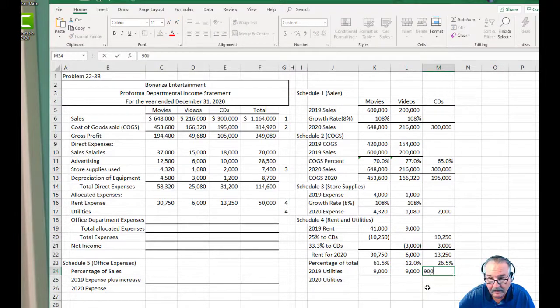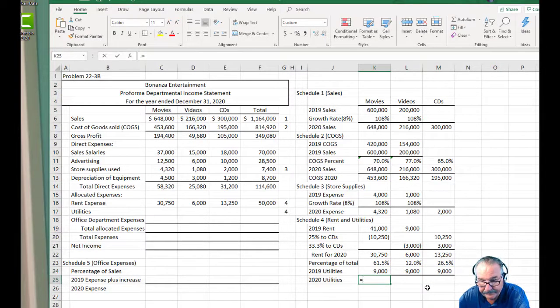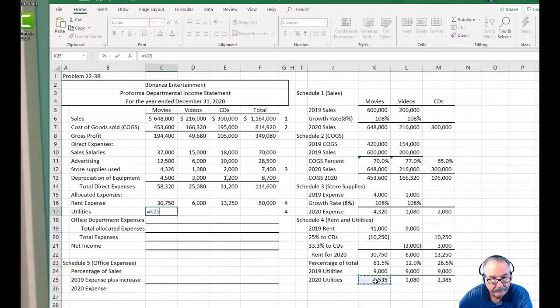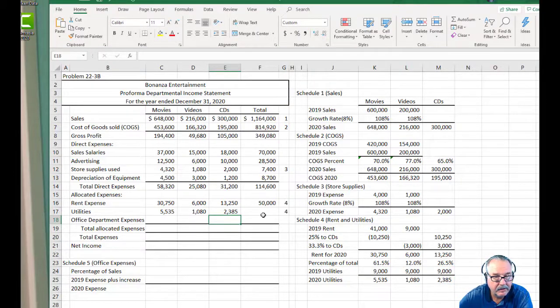So we'll allocate that and then tie it in. So we have 5,535 as the utilities for the movie department, 1,080 utilities for the video department, and 2,385 is the utilities for the CD department.